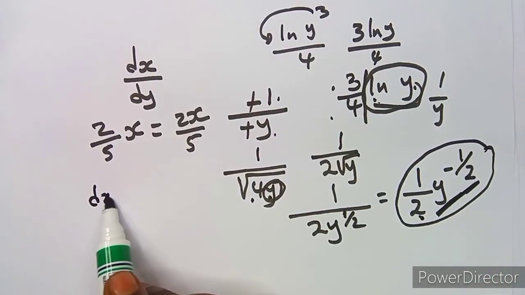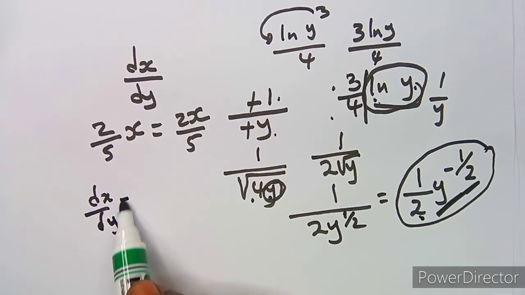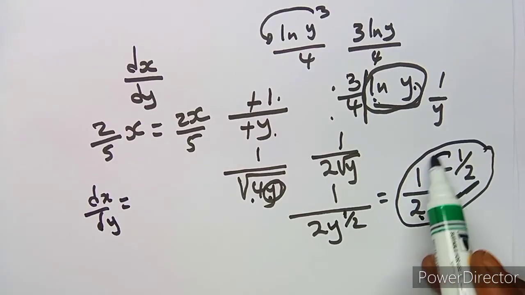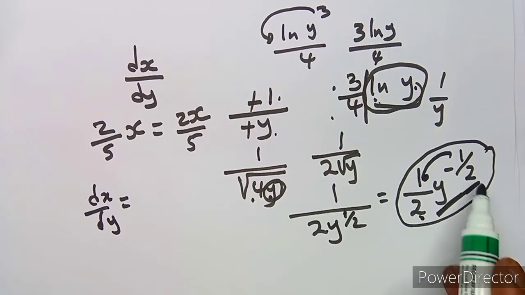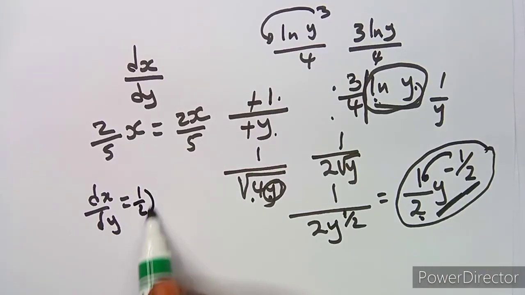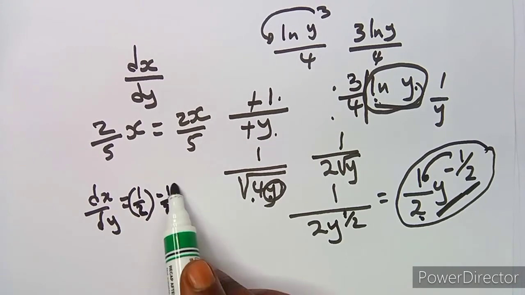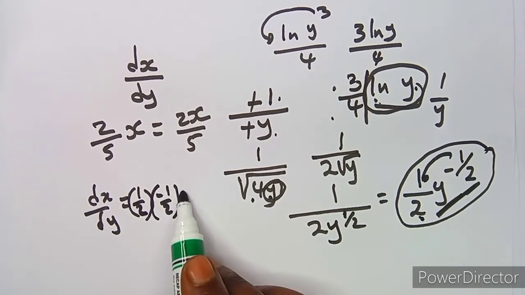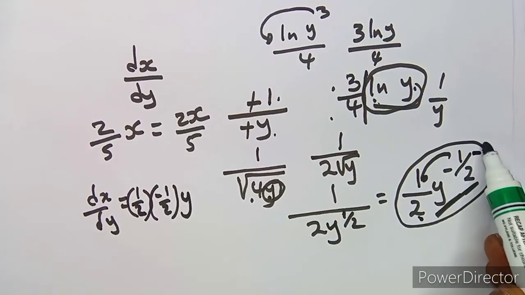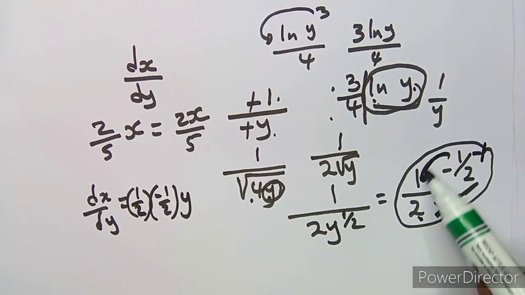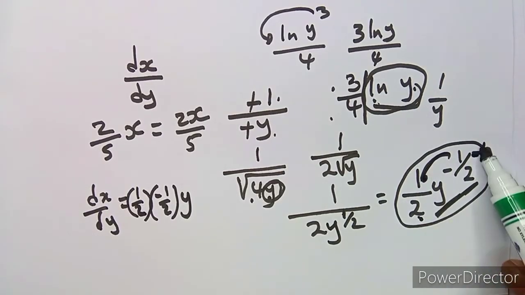Now the derivative with respect to y of this is going to be, remember, we have to multiply by the exponent. So we already have 1 over 2, and we multiply by the exponent, which is minus 1 over 2. Then it's going to be y to the exponent of, we subtract 1. Multiply by the exponent, we subtract 1.